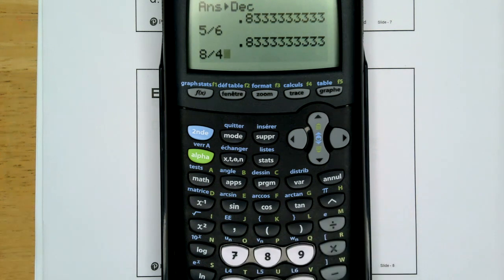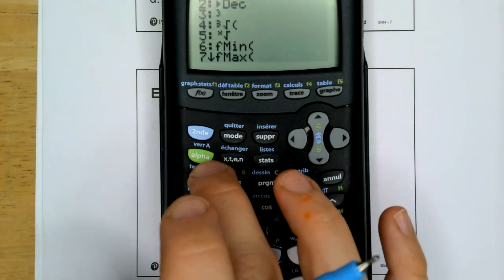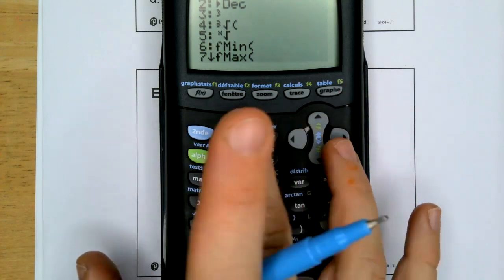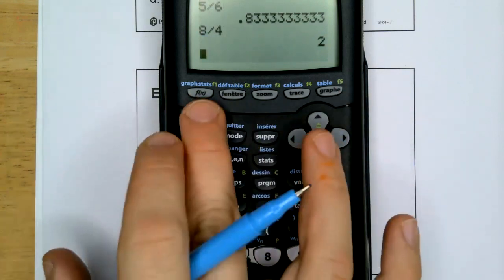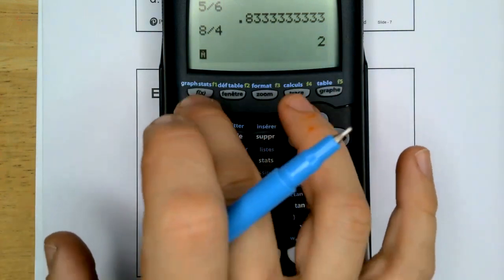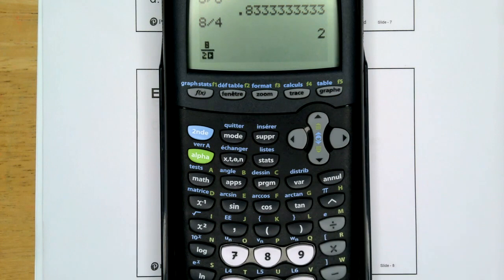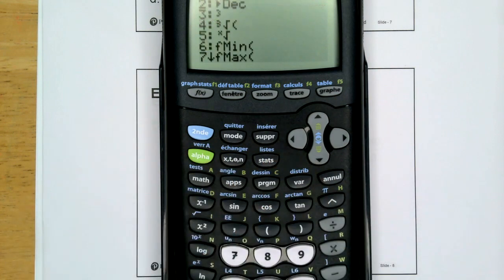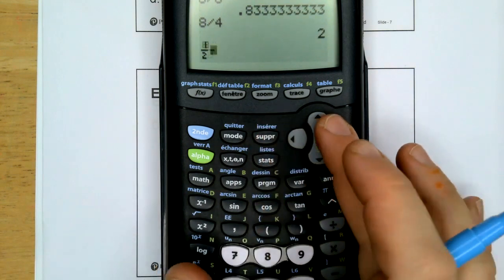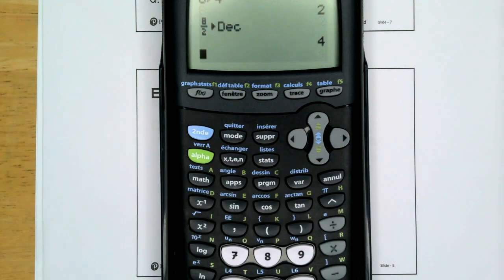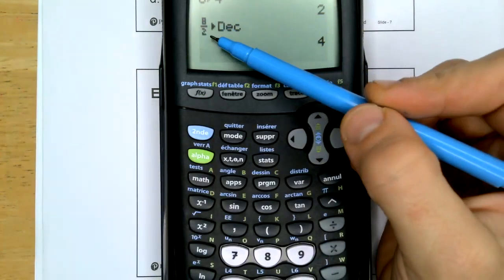8 divided by 4 is 2, and the fraction 8 halves, sorry, I didn't even do the same fraction.